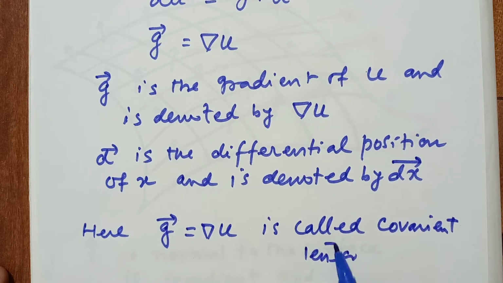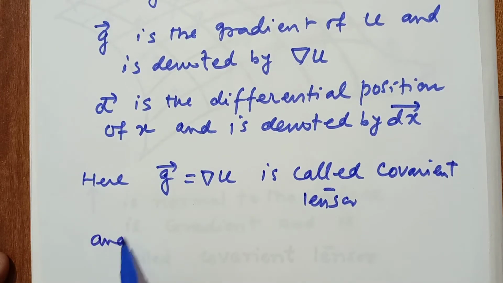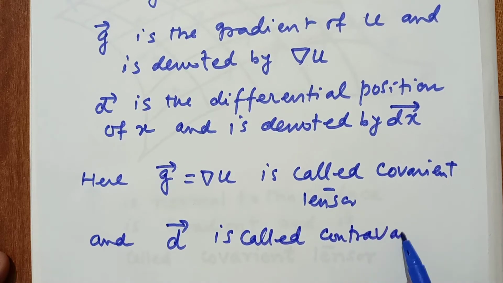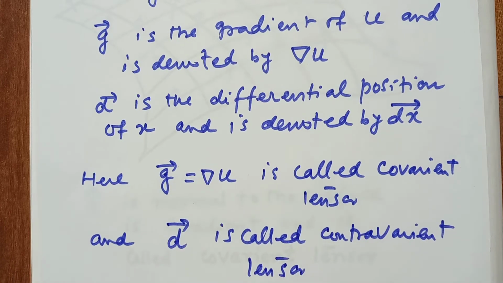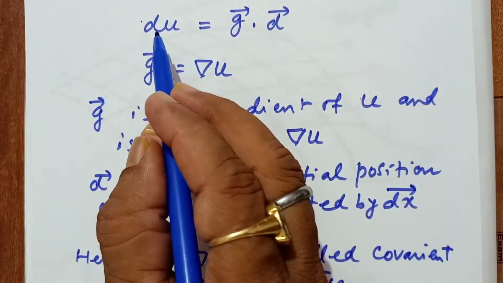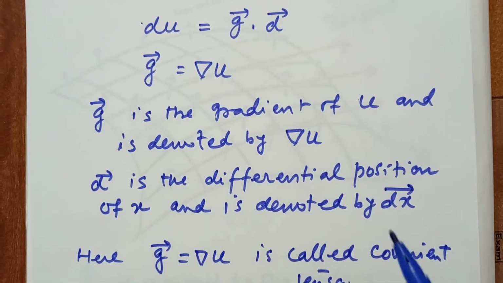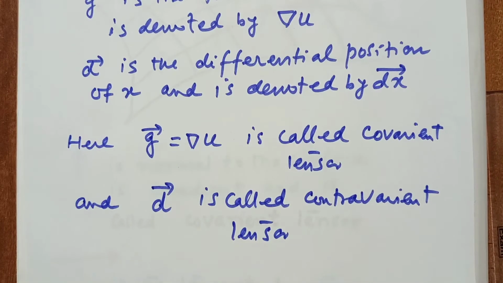And this D is called a contravariant tensor. So there are two components, the dot product of G and D equal to du. There are two vectors G and D. What is G? G is called a covariant tensor and D is called a contravariant tensor.